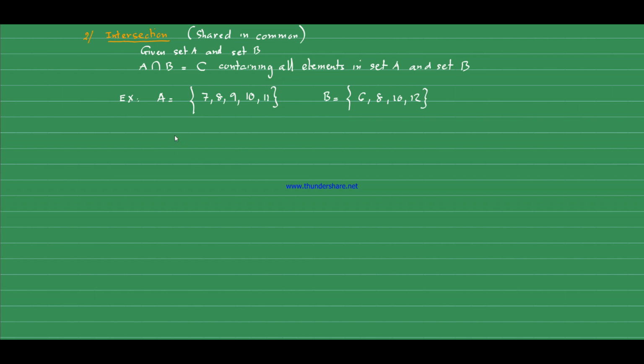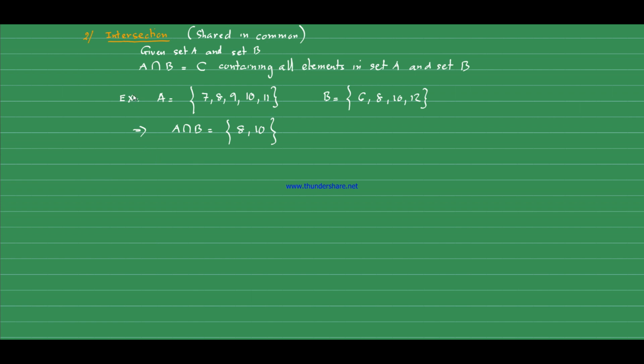Now I can go ahead and create a new set, the intersection set between A and B. We find the elements that are shared in common between A and B. So it will be 8 and 10, right? 8 and 10. There you go. That's how you find intersection.